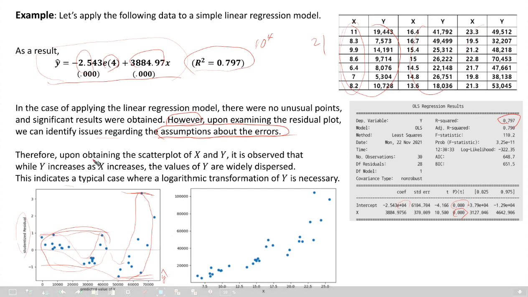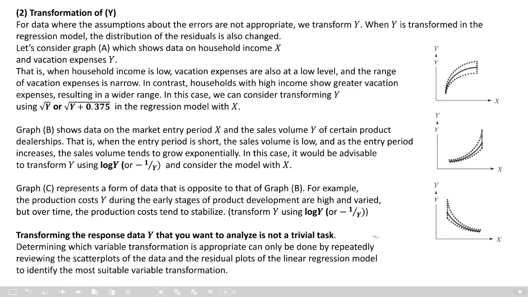So you check the scatter plot of x and y, the raw data. Then these 21 data points show us this kind of plot. This is the problem about transformation of y.